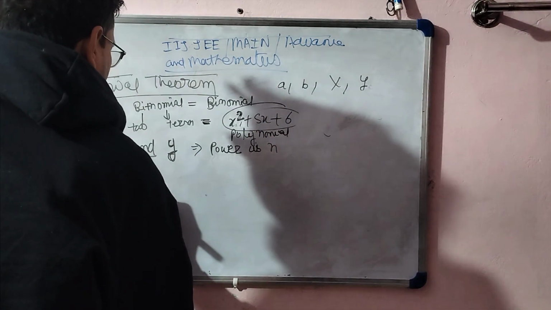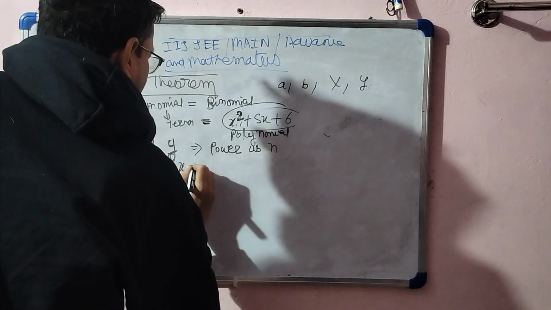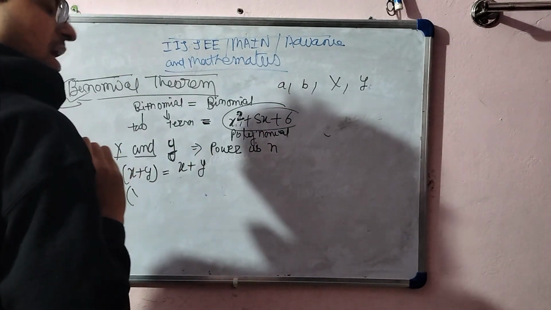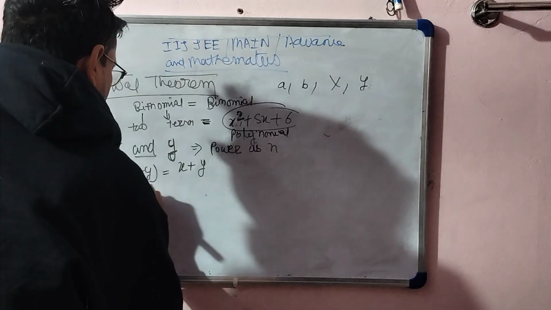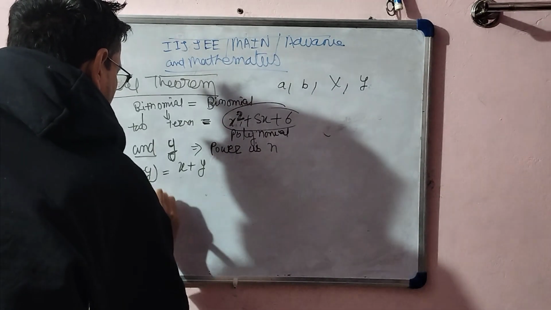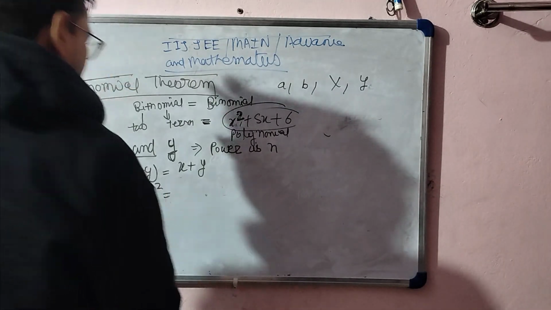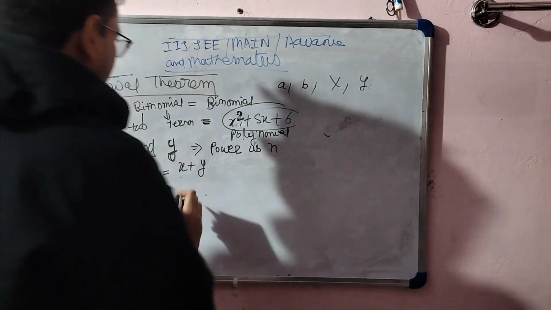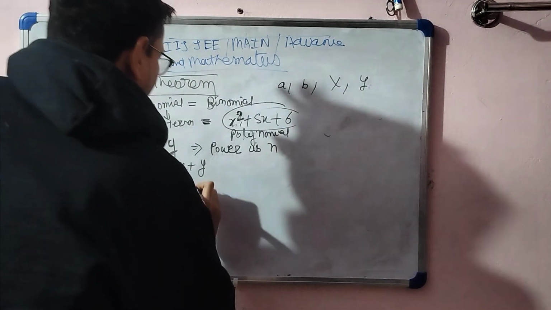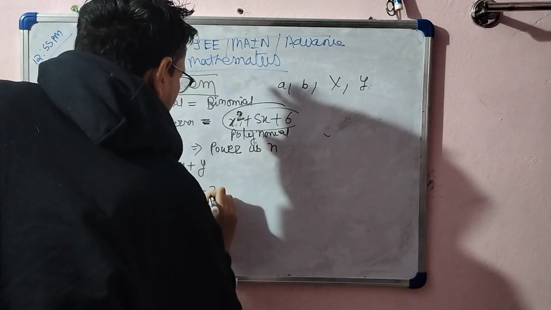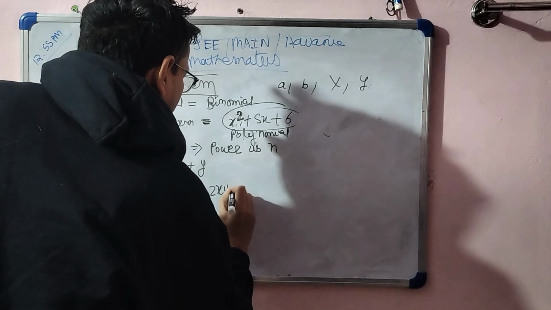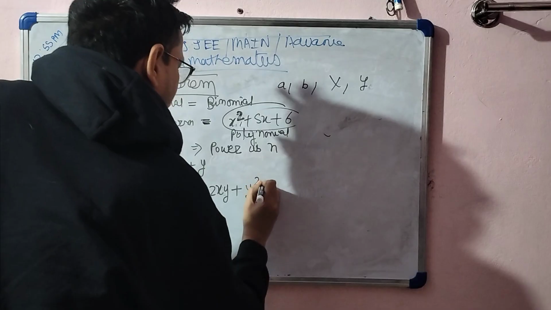Then x plus y whole square. You know the expansion formula is x square plus 2xy plus y square.